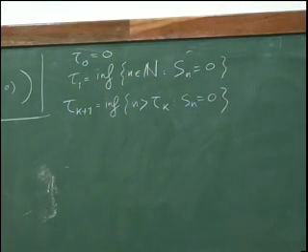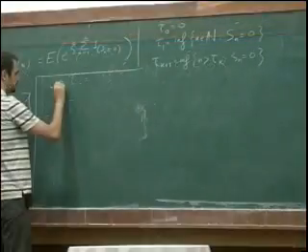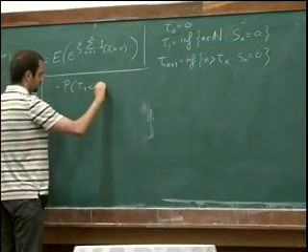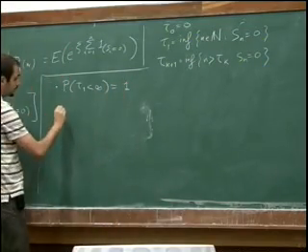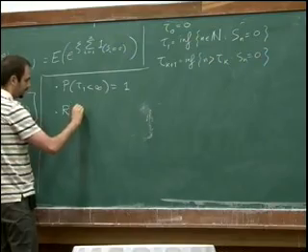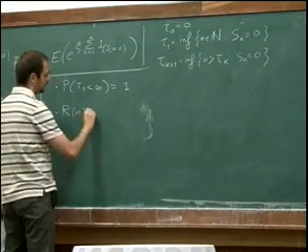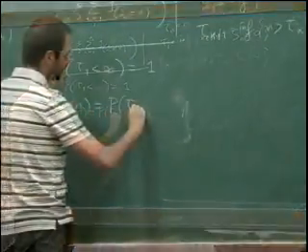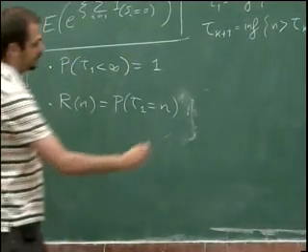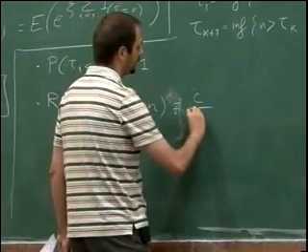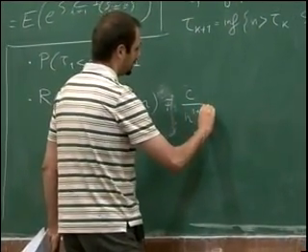Our assumption will be these two. First of all, that the random walk is recurrent. That is, τ1 is finite almost surely. And the second and most important one is that the law of τ1 has an asymptotical polynomial behavior. R of n, which is the probability that the first return to 0 takes place at n, behaves asymptotically as a constant divided by n to some power that we write as 1 plus alpha.